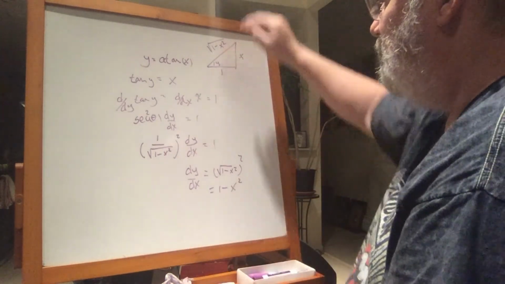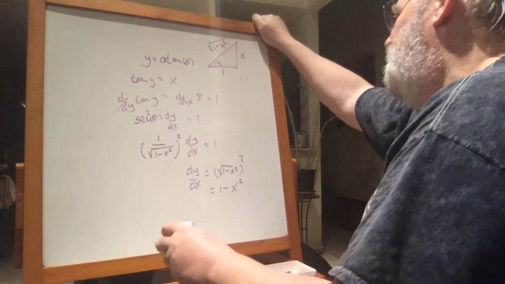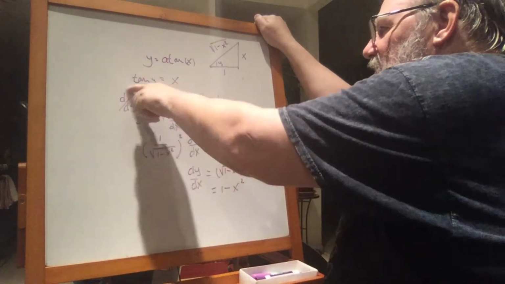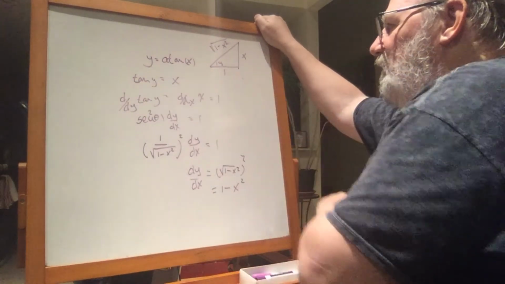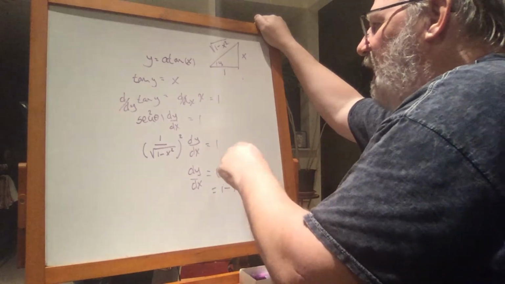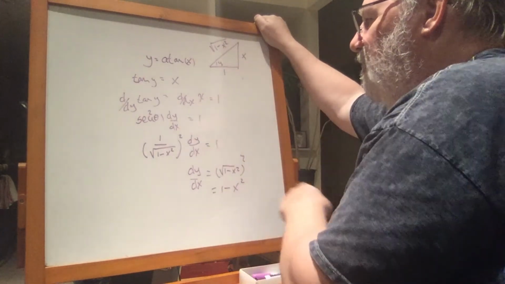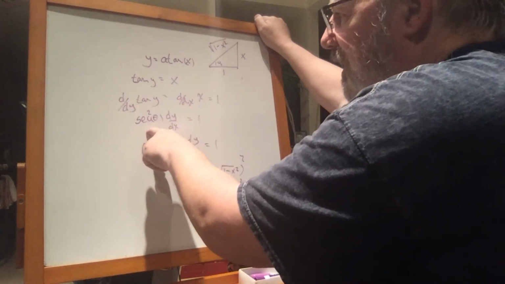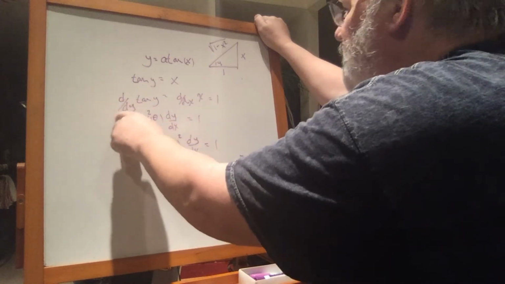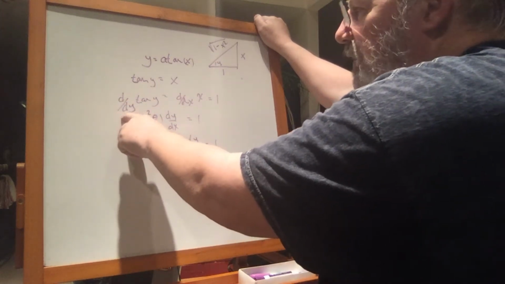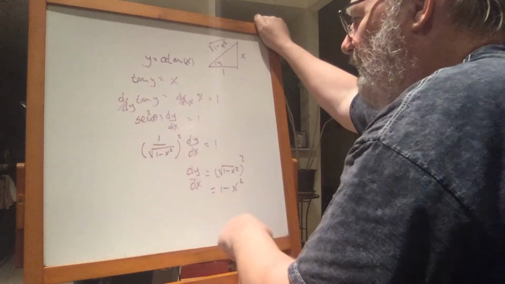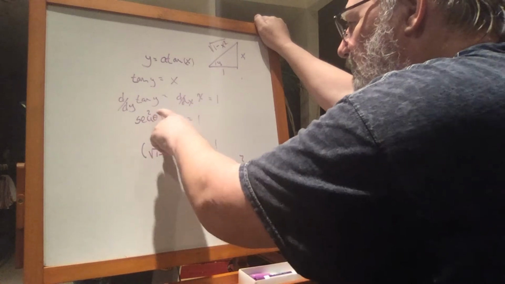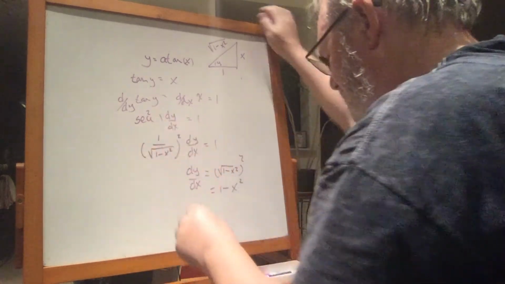All you have to do is remember that you go back to your basic definition, and when you get to this stage, you draw your right triangle and you come up with your relationships, so that when you take the chain rule operator on the function tan y, I'm sorry, this is secant y.